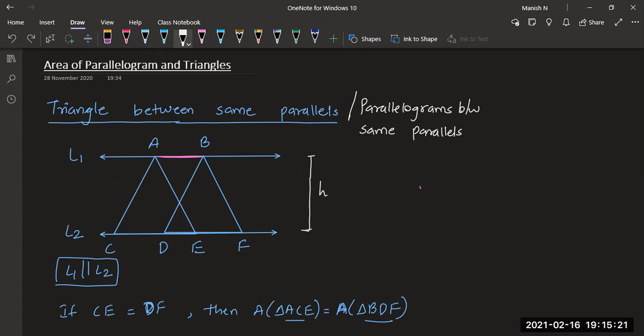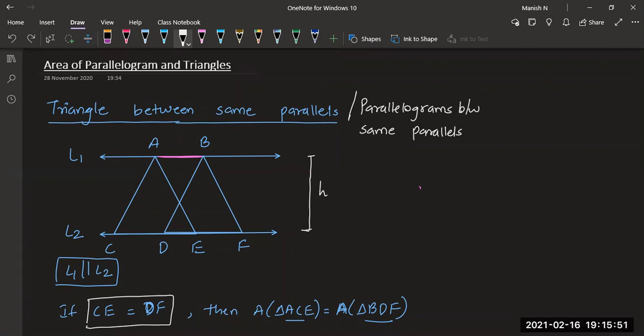Now if we draw those two triangles ACE and BDF in such a way that CE is equal to DF, that means the bases of both the triangles are equal, then we can say that the area of both the triangles is also equal.